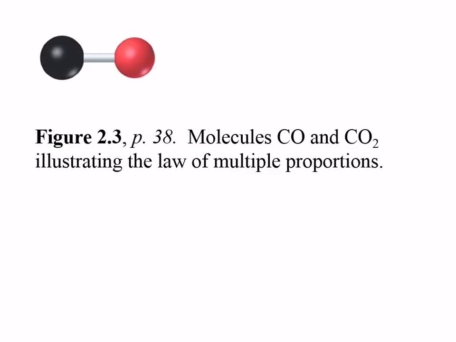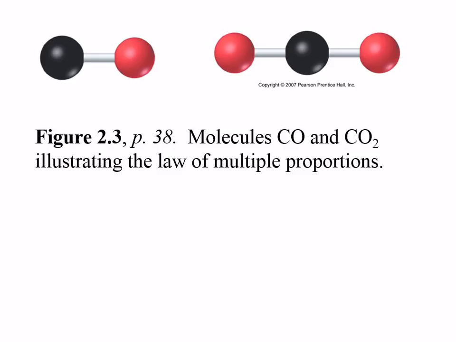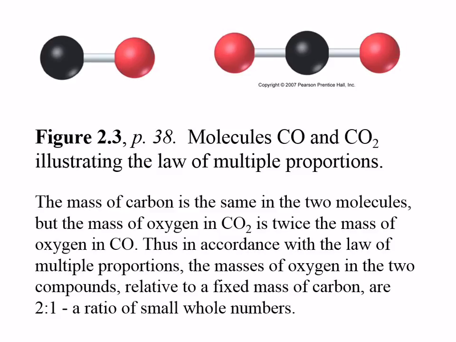If we consider carbon monoxide and carbon dioxide, they both have carbon and oxygen in them. Okay? This simply says if you let the mass of carbon be equal to 1, then the relative amount of oxygen in carbon monoxide relative to carbon dioxide is 1 to 2.